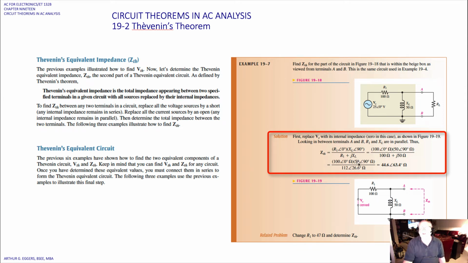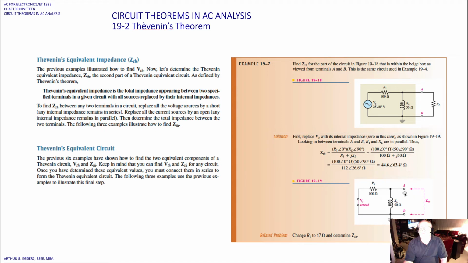Now we can combine the terms in the numerator, 50 and 100, divide that by 112, and then we have 90 and 26.6. When we take the difference, then we get 63.4 degrees. So 44.6 at an angle of 63.4 degrees in ohms. So now we have then an equivalent circuit here of R1, X sub L, V source zeroed out.